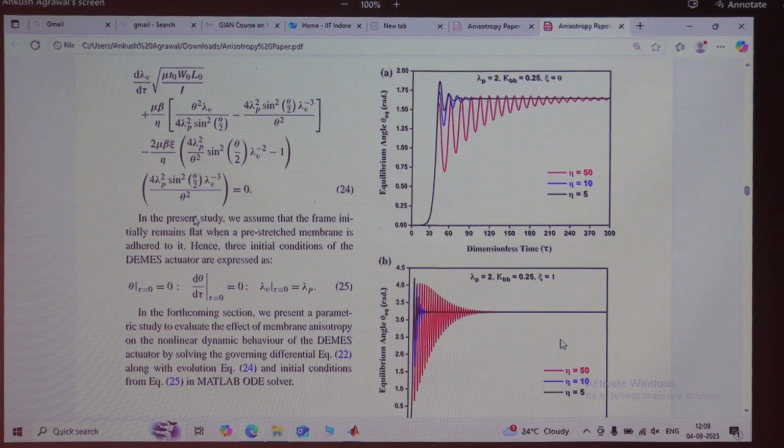Or we say that in case of the membrane having low viscosity, membrane vibration attenuates very fast. You can say like that, because there is very little vibration for 5, then 10, then 50.